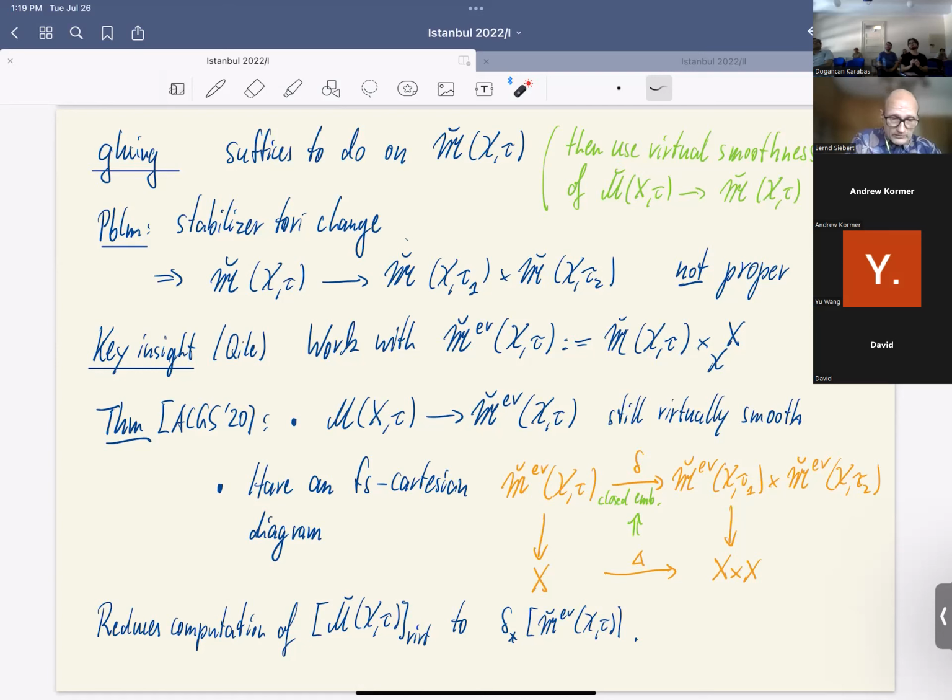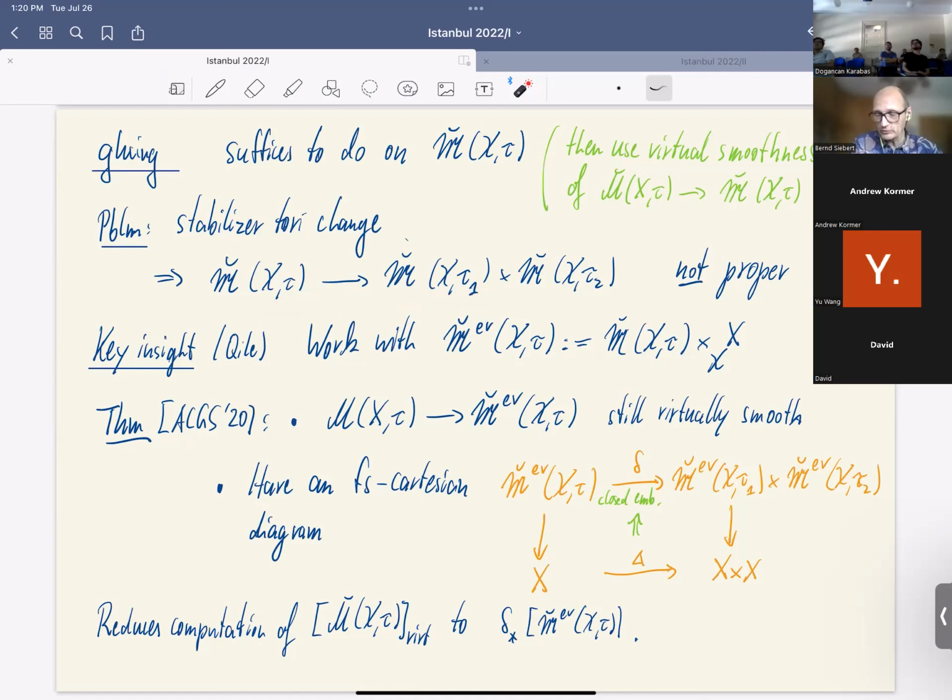One problem is that the stabilizer tori change, maybe I skip this, it's a big headache, which means that the natural splitting map you get on the frac M level is not proper. So there's no way to do intersection theory by pushing forward. Chile had the key insight that there's a slight enhancement of the space or modification that makes this map proper.